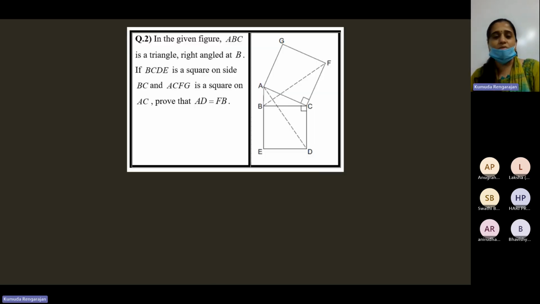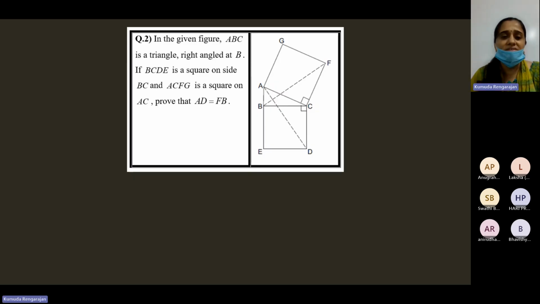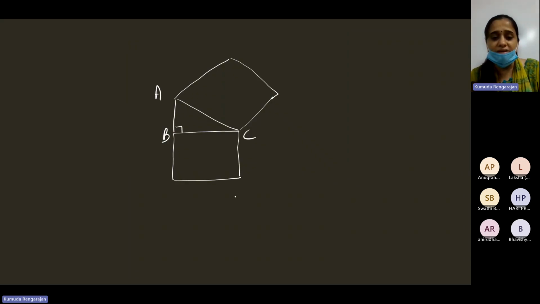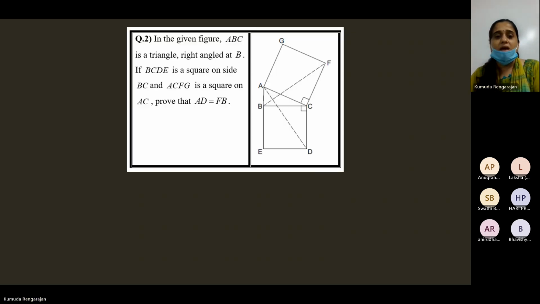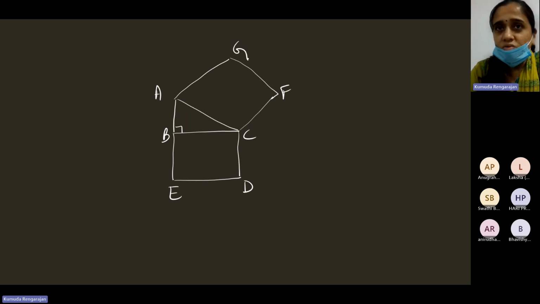All right, let me see the question. In the given figure, ABC is a right triangle right-angled at B. BCDE is a square on the side BC, and ACFG is a square on the hypotenuse AC. Both are squares, but these two squares will not have the same length.